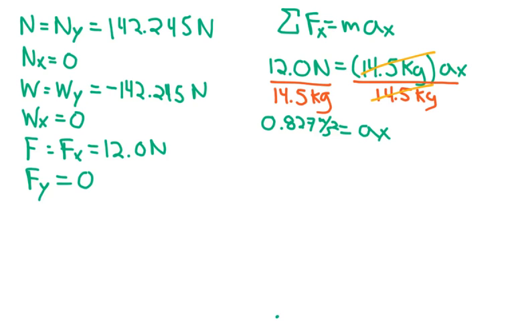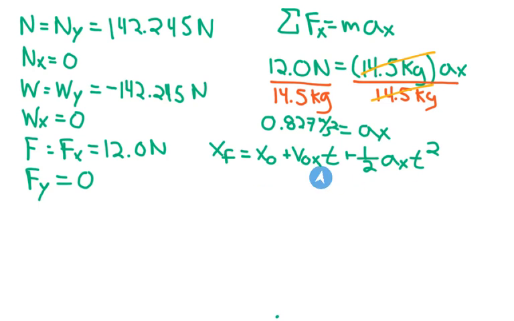So if you look at your equations of motion formula sheet, the kinematic we're going to use is xf is equal to x naught plus v naught x times t plus 1/2 ax t squared. And the reason is because we're working in the x direction.